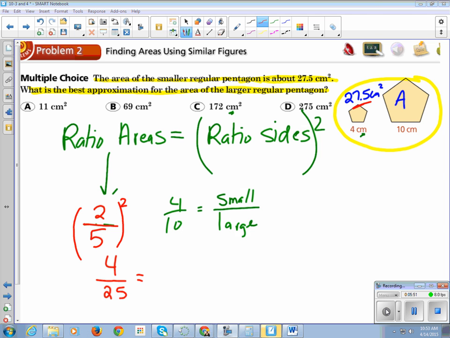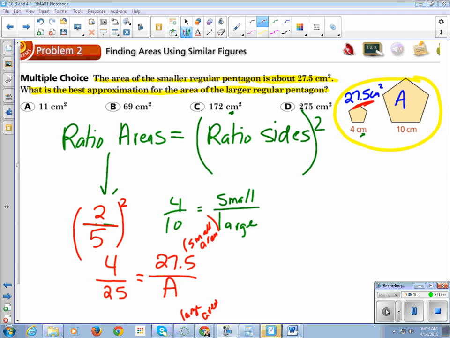I know the area of my small one is 27.5. So I'm going small area over large area. I have a nice little proportion.